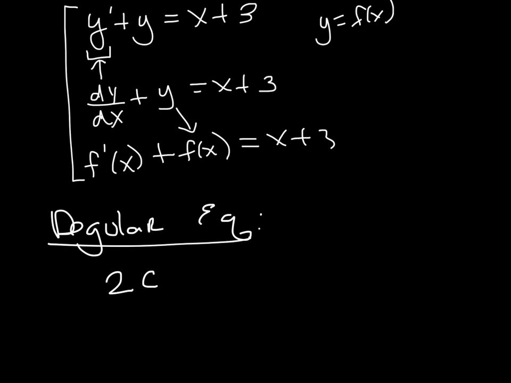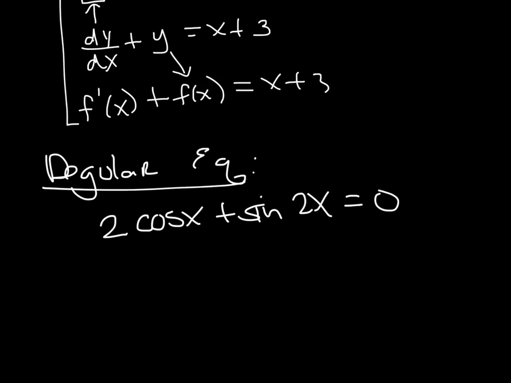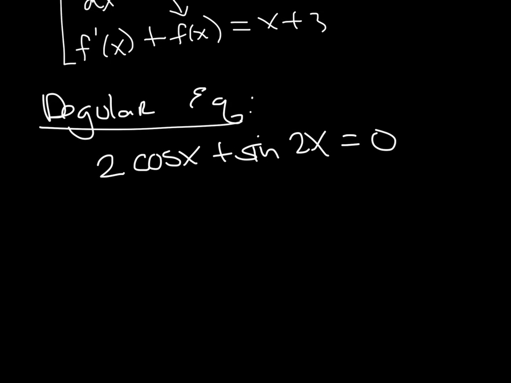So let's say 2 cosine x plus sine 2x equals 0. So you might have seen this in a calculus class. To solve this equation, this is not a differential equation, there are no derivatives here. And I mean, we can use the double angle formula to solve this trigonometric equation.